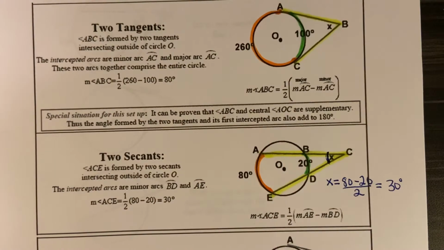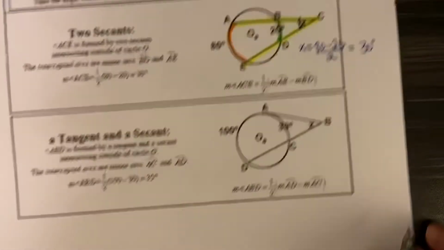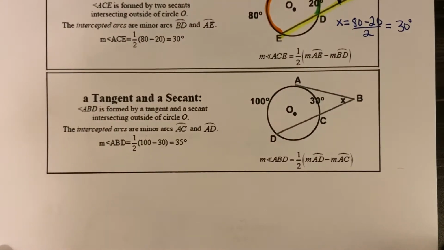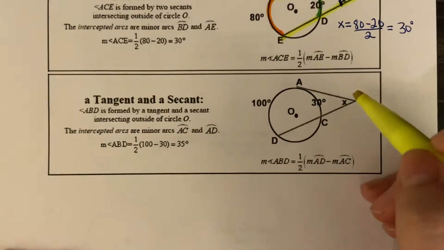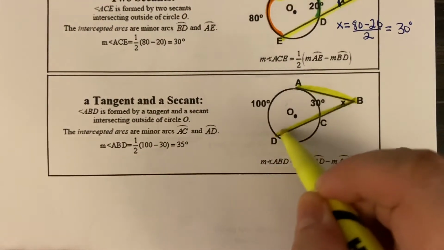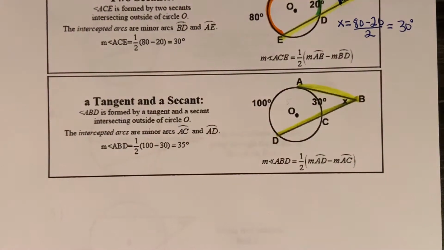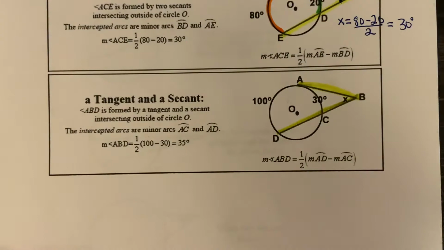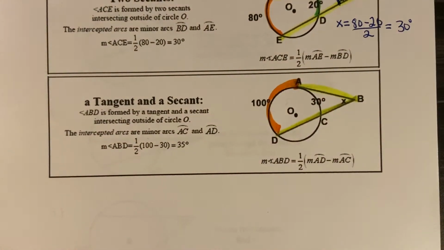It's the same rule for the bottom. Here we have a tangent and a secant, so we have one of each. Again, trace out the angle. Where that angle stops on the circle, identify your major and your minor arcs. This is going to be from A to D. That's my major arc.